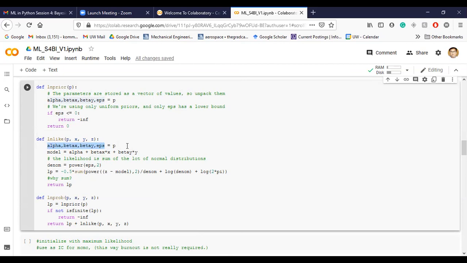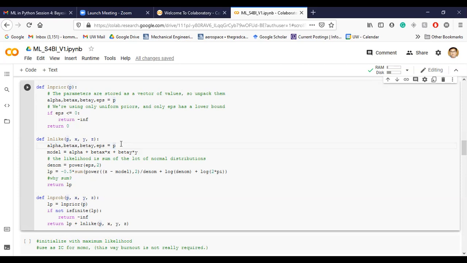So we have a search space with certain bounds, and the Markov chains basically move all over the space, and they try to find the optimal alpha, beta x, beta y, and epsilon values which maximize the probability.